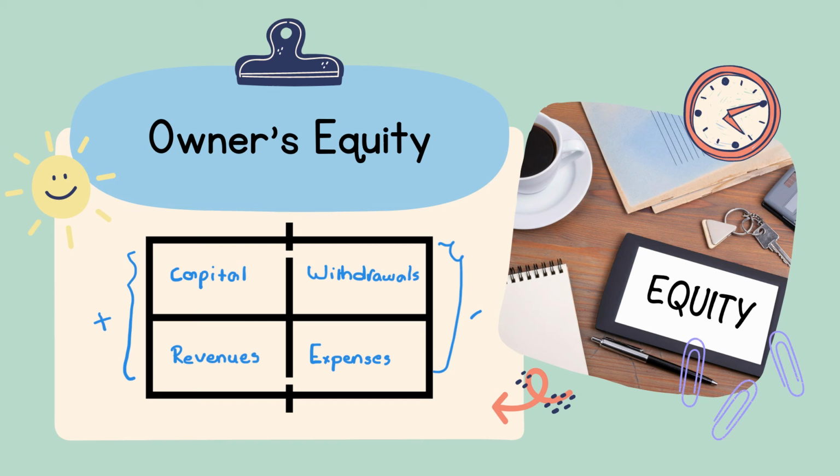And last item, which is owner's withdrawals, are also called drawings, are payments of equity, usually of cash, to the owner. Withdrawals can be paid in the form of cash or other assets and are not expenses. Owner withdrawals are the opposite of owner contributions and therefore decrease equity.